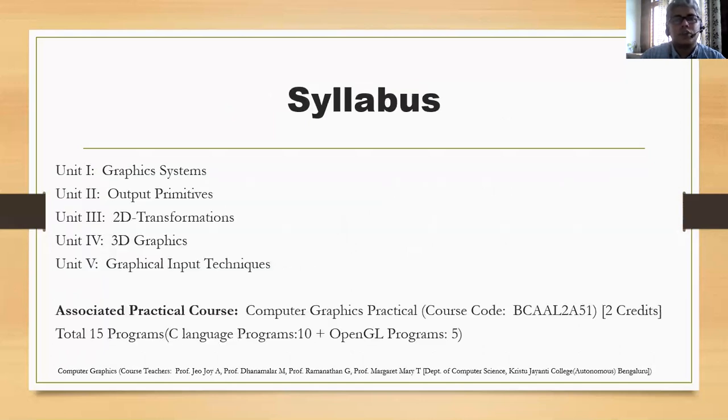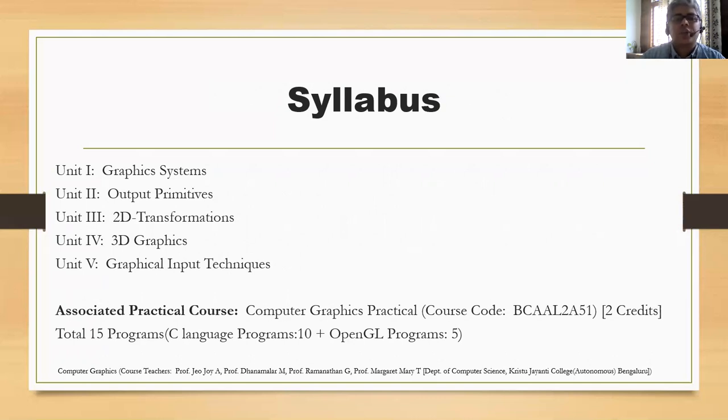The syllabus covers 5 units. Unit 1 on graphic systems, Unit 2 on output primitives, Unit 3 on 2D transformations, Unit 4 on 3D graphics, and Unit 5 on graphical input techniques.